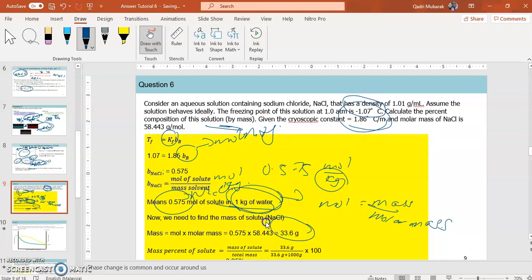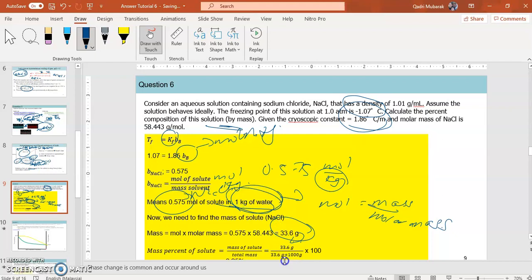So to find the mass percent of solute, it is mass of solute over total mass. This here is the mass of solute. For the total mass, we need to add the mass of solvent, which we already determined is 1 kilogram.